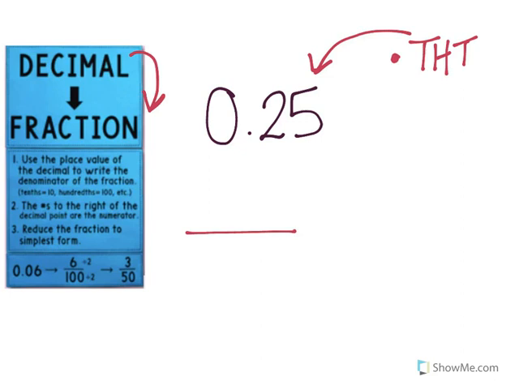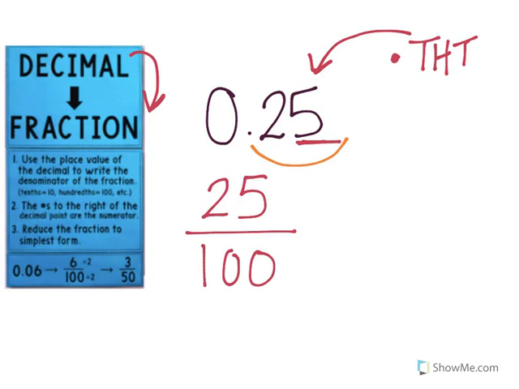This is 25 hundredths, so that means my denominator is 100. And then the numbers to the right of the decimal are going to be my numerator. So I have 25 over 100. So just like our previous example, I know I can simplify. 25 divided by 25 is 1. 100 divided by 25 is 4.